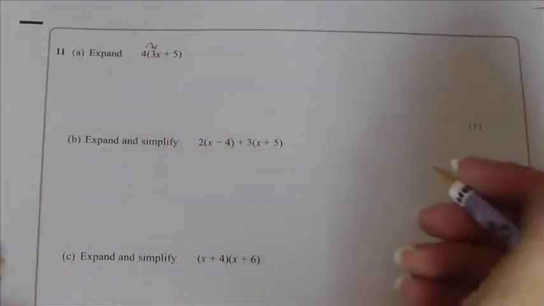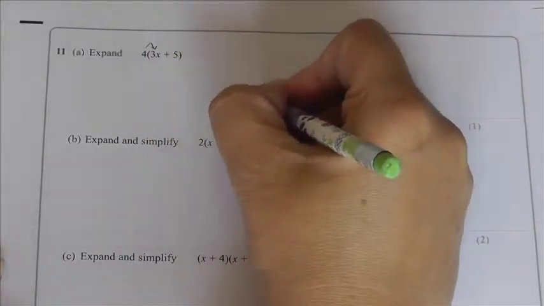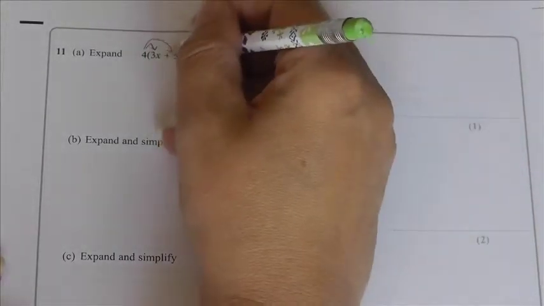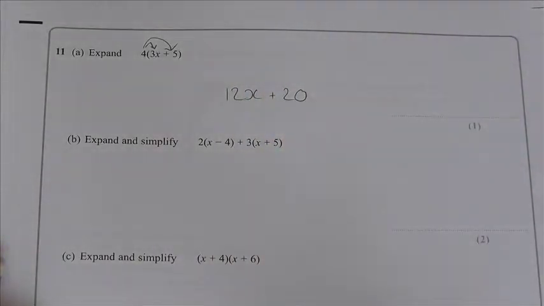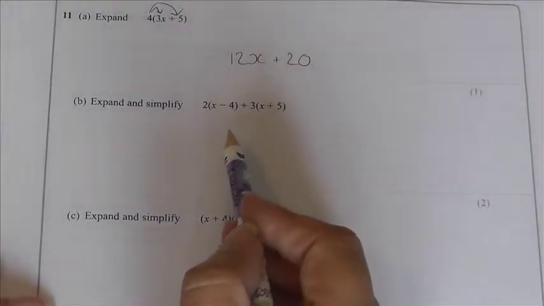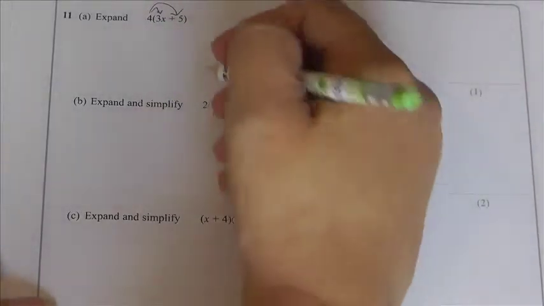Question 11, the first part you just need to expand the bracket, which means you're going to do 4 times 3x, which is 12x, and 4 times 5, which is plus 20. So your answer is 12x plus 20. The question below is very similar, but you need to do this in 2 separate parts.